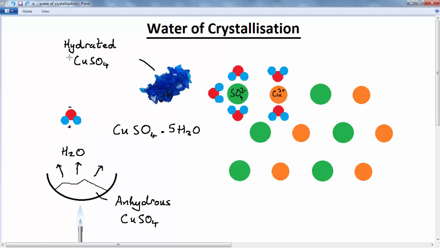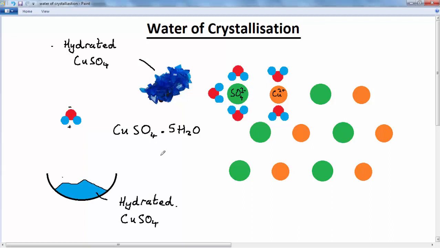Now, once you've heated the hydrated copper sulfate to produce this white anhydrous copper sulfate, if you let the crystals cool again and add a few drops of water, you'll notice that the copper sulfate reabsorbs the water into its crystalline structure and changes back to this blue colour. Okay, and it becomes hydrated again.